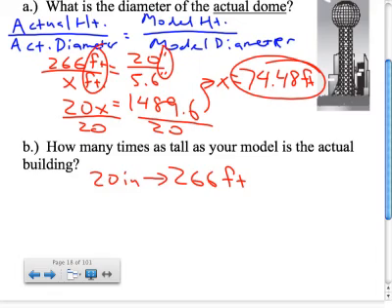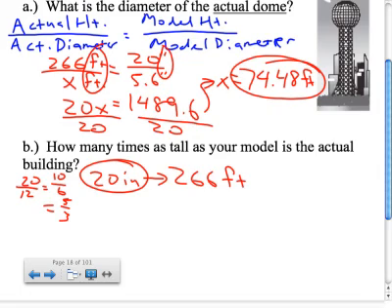So I would convert this first to feet. 20 divided by 12 is going to be 1 foot 8 inches. But if I want to leave it as a fraction, I can reduce it down to 10 over 6, which is actually 5 over 3. So this is 5/3 of a foot, or 1 2/3 feet.